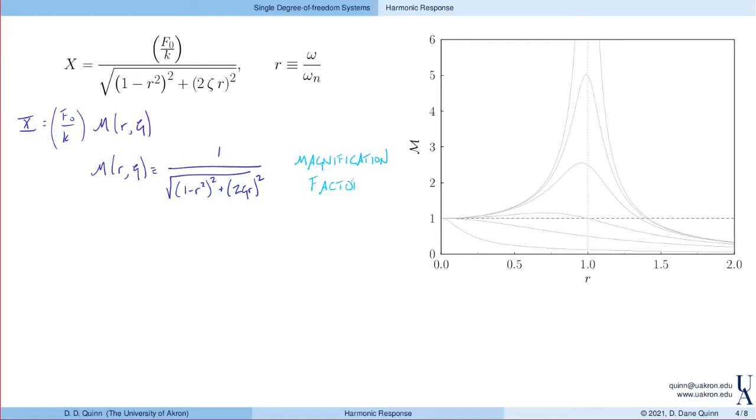That's what we call it. So why do we call it that? Well, because if I look at this relationship, we can write m of r and zeta basically just as x divided by f naught over k.